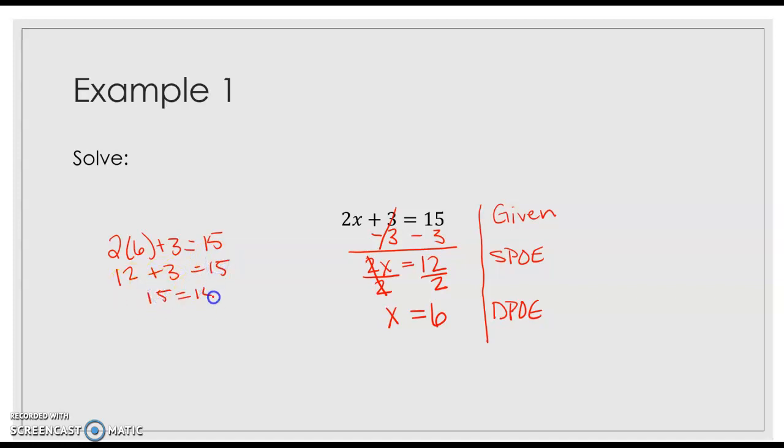So I end up with 15 equals 15, which means yes, x equals 6, and my answer is correct. So again, if ever you get an answer and you're not sure if it's right, plug it back in and see if your left side equals your right side.